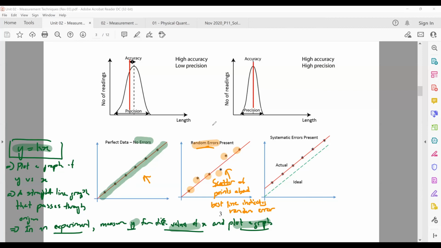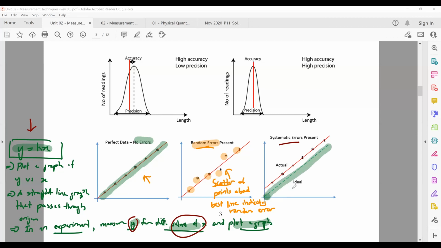Okay, now what about systematic errors then? How do you see whether you have systematic error? Now, if your experiment where you measure your values of y for different values of x follows this relation, by right, you should get this graph, the green dotted line here. This is the ideal one.